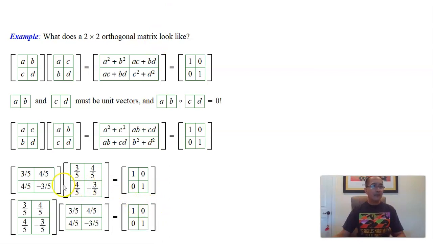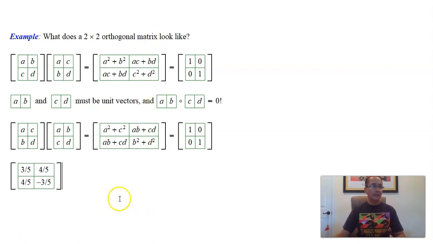So let me do this again. We started out with 3/5 and 4/5, right? Was this the only way to fill out the second row? No, not quite. We can have minus 4/5 there, and now we will need positive 3/5 there.